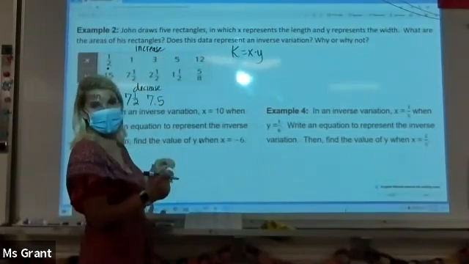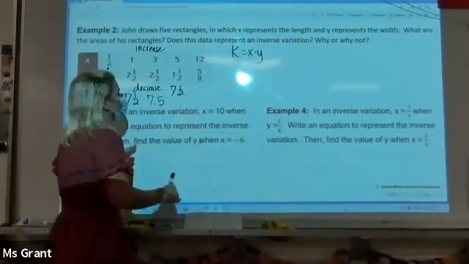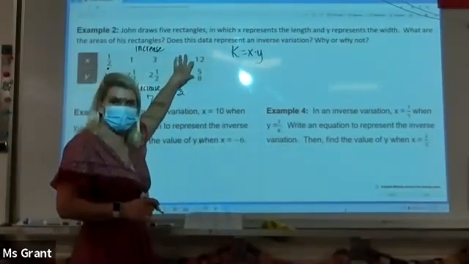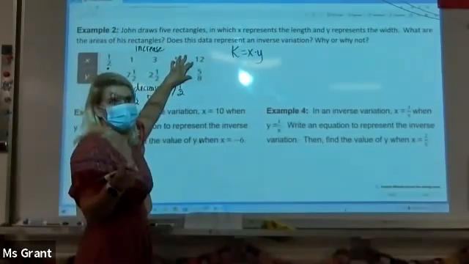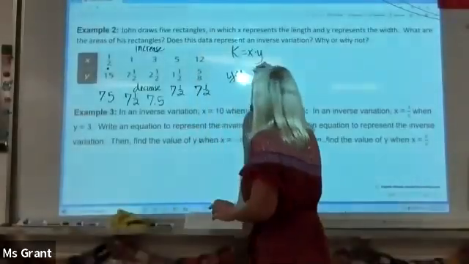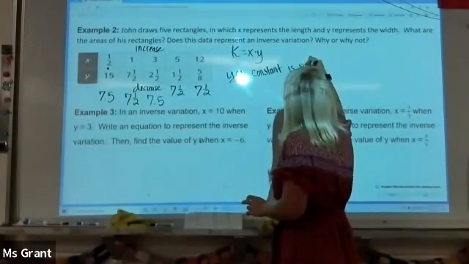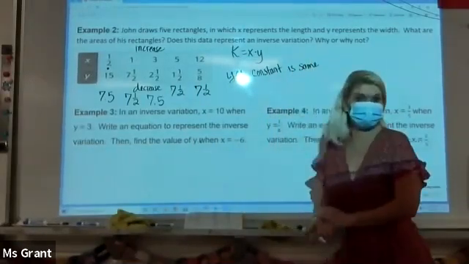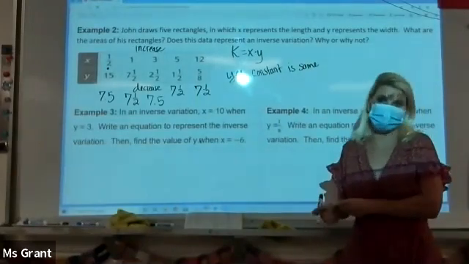So 5 plus 2.5. You can do this math in your head. Just a quick verification. 5/8 times 12 is 7.5. Yes, so the constant is the same. Okay, so that's an example of when we would check it to make sure.